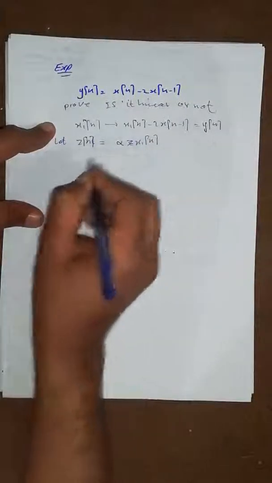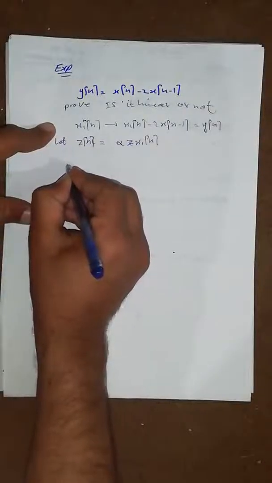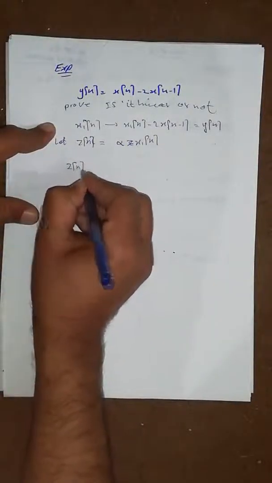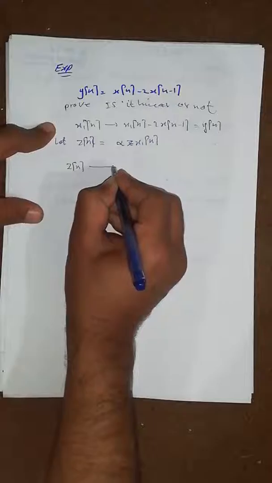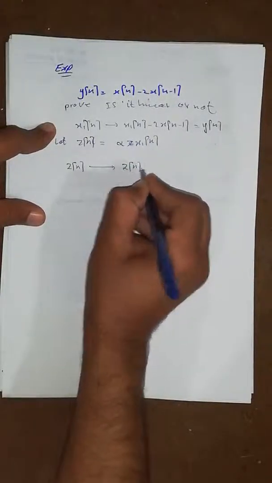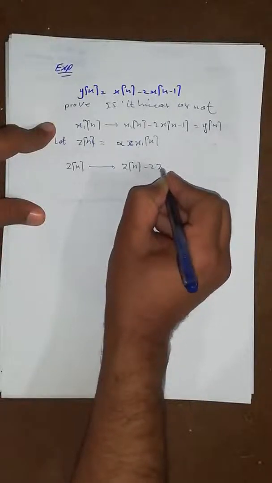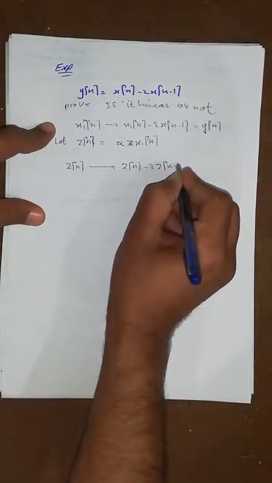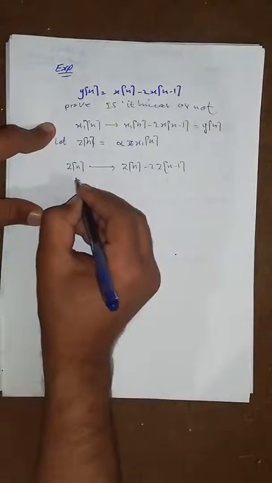Take x1 of n and we will pass this through the system. This basically gives z of n minus 2 z of n minus 1, and we put the value of z of n.